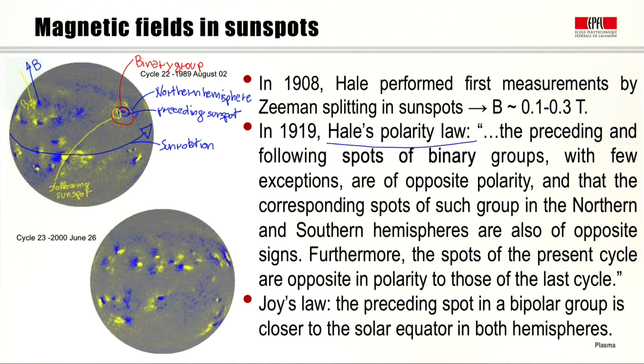Hale's polarity law for this particular cycle tells us that in the northern hemisphere, the magnetic field in the preceding sunspot is pointing away from the Sun, while it is pointing towards the Sun in the following sunspot.